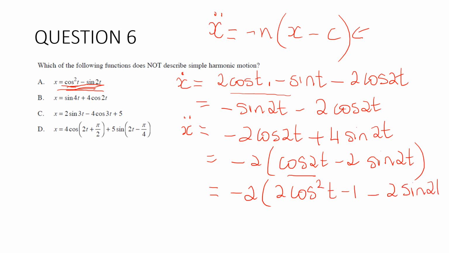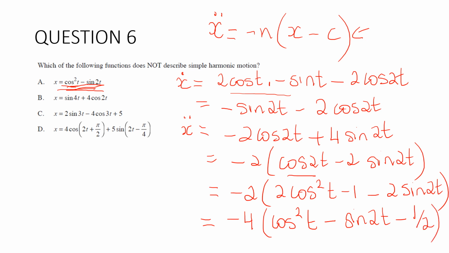I like this. Is equal to -4 cos squared t take away sine 2t minus a half. And that there is x. So all of that work, it is not A.